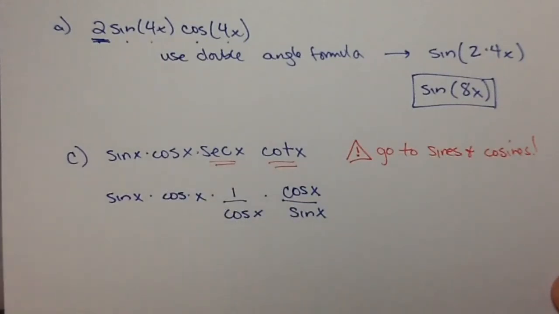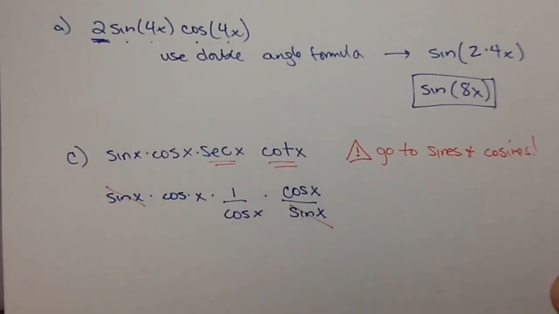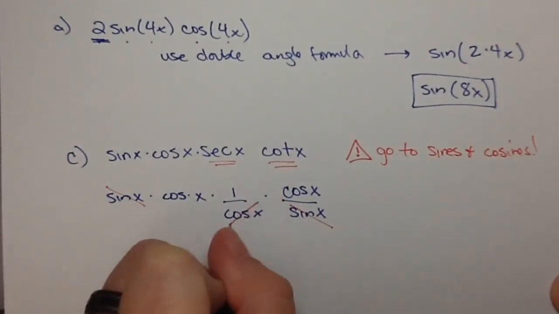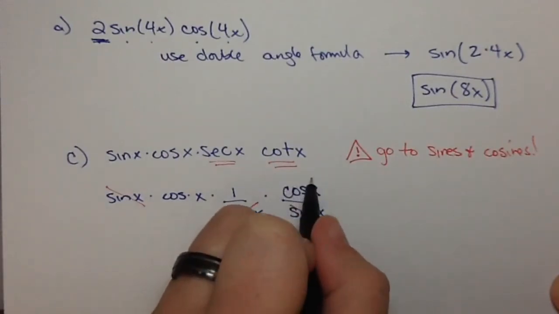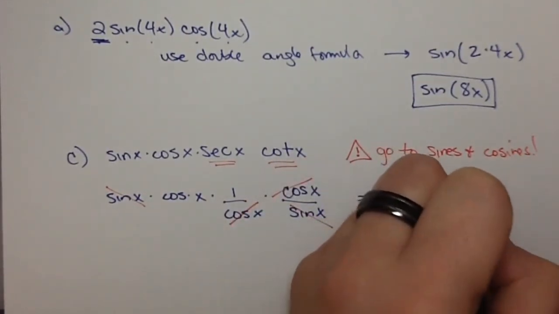But I believe now you can see there are some things that cancel out. So sine x being divided by sine x divides to 1, so we can cancel those terms. And then we've got a cosine x in the denominator here and a cosine x in the numerator here. So that's also gone. So once all the smoke is cleared, this expression simplifies to simply cosine x.